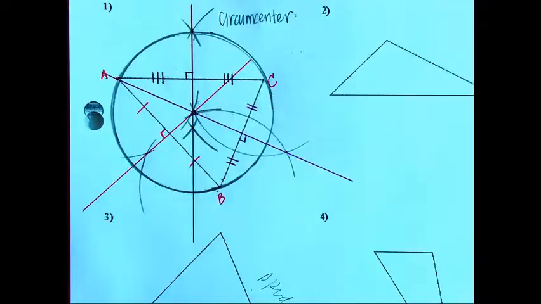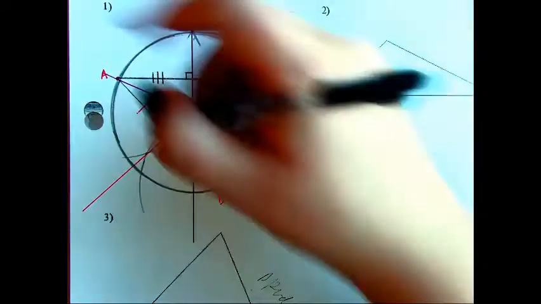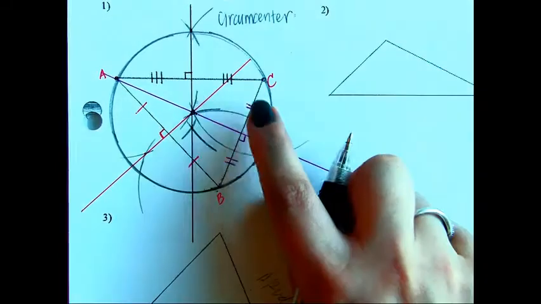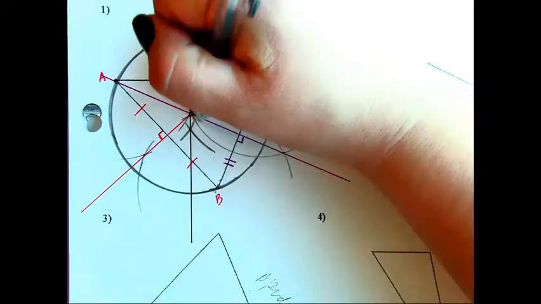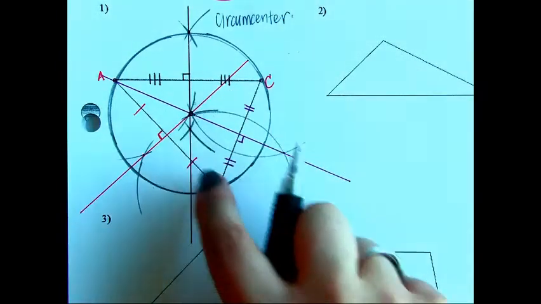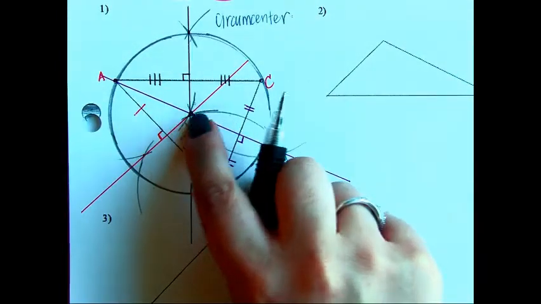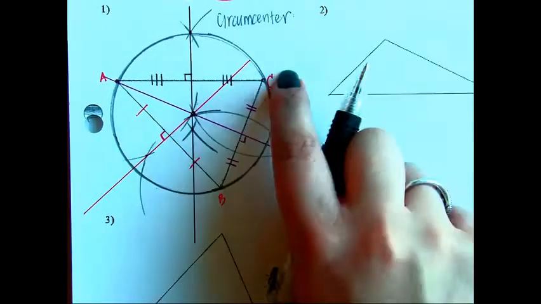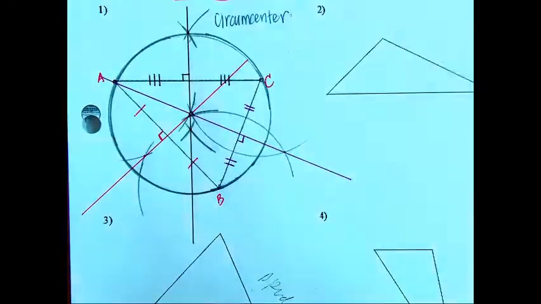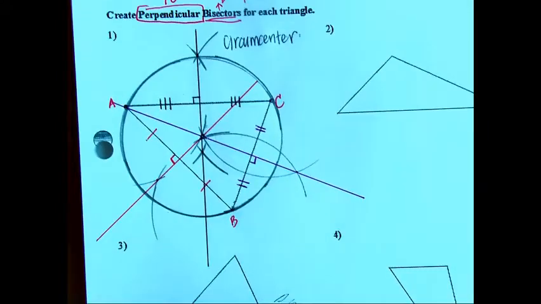Okay, so if you guys notice, A, B, and C, the points of my triangle, are on this circle. And they're the same distance away because they're on the circle. So it's like the radius from the center to C is the same as the center to B is the same as the center to A. That's what the circumcenter is finding.